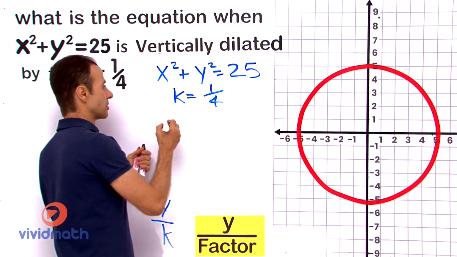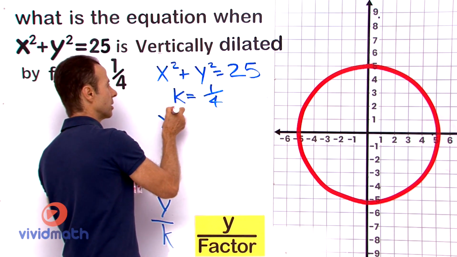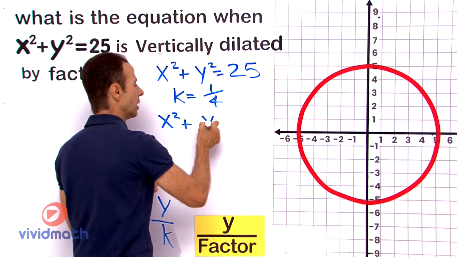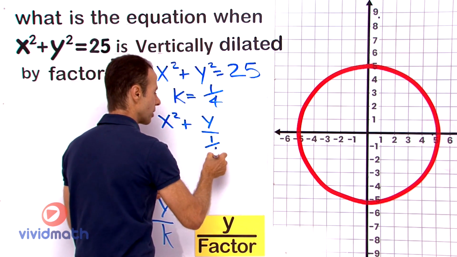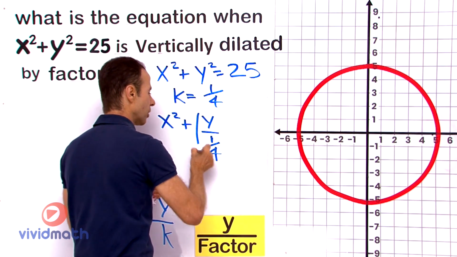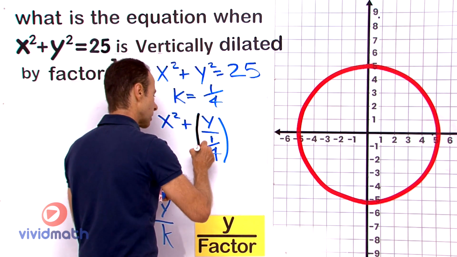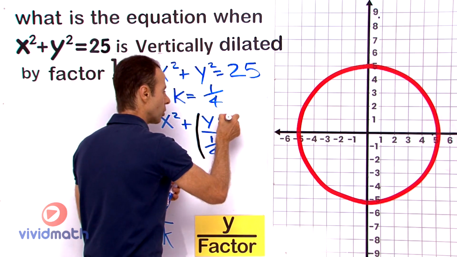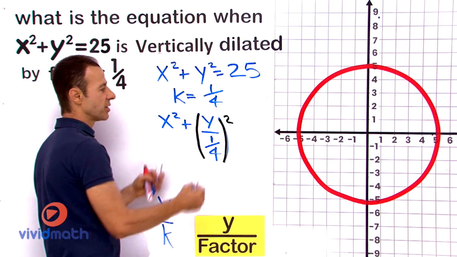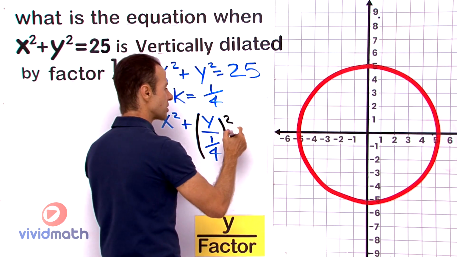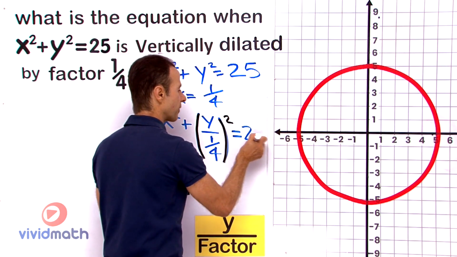Okay, let's apply it. So it's going to look like this. It's going to be x squared plus y over 1/4, all of it in brackets, all squared. So it's inside the brackets, and that equals the same as before, 25.